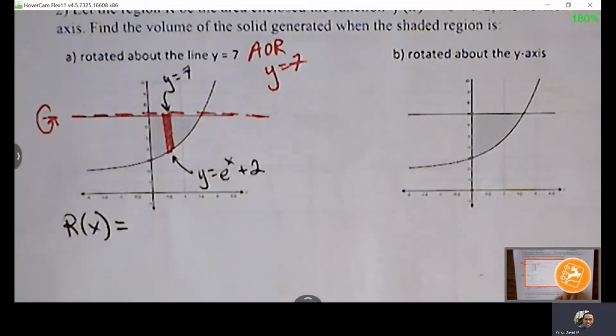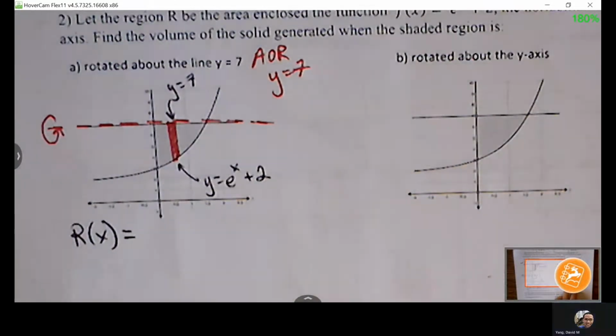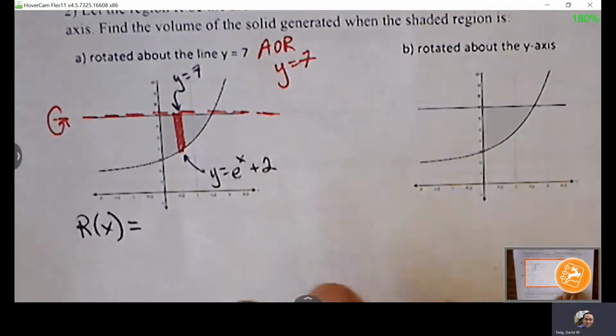Okay, what do we have to be careful about with this top minus bottom for this problem? We know the top function is 7, the bottom function is e to the x plus 2. Pretty straightforward, but how would you write this?